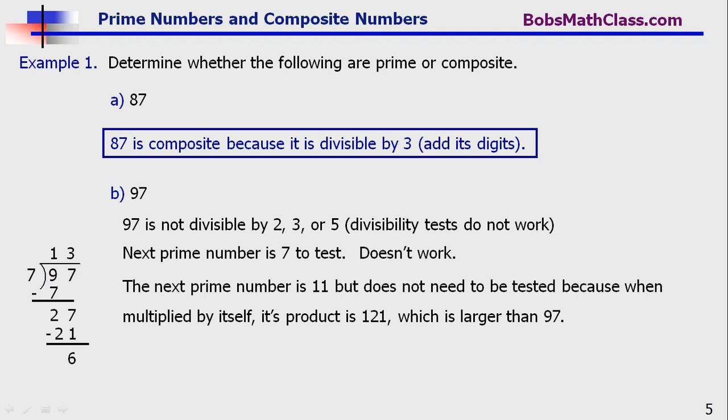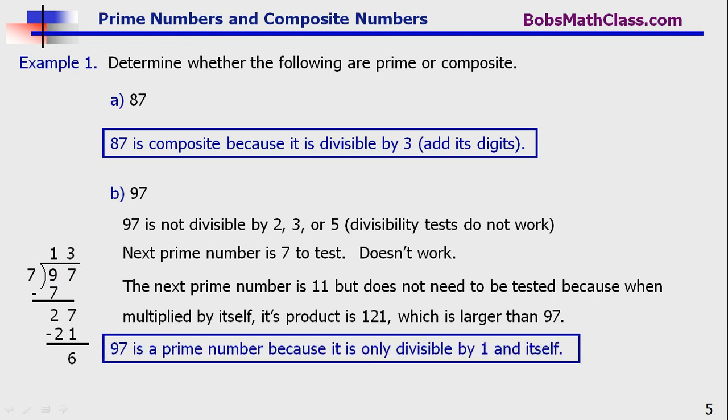The other part of that step 3 said that if the quotient is smaller than the divisor, so if we divide 11 into 97, well, 11 times 9 is 99, so that's too big. But notice that the 9 on top would be smaller than the divisor. So that's it. We could stop there. We could therefore say that this number is prime. It's only divisible by 1 and itself.